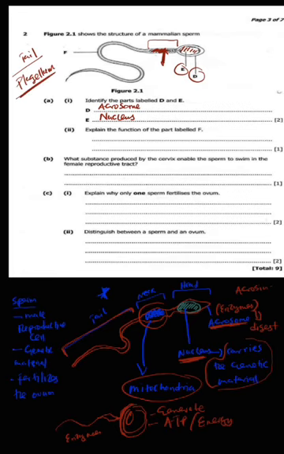Okay, you can also call it the flagellum. So explain the function of the part labeled F, the tail or the flagellum, whichever you want to use. So the tail or the flagellum, just use one, helps the sperm swim, we can say move towards the ovum.